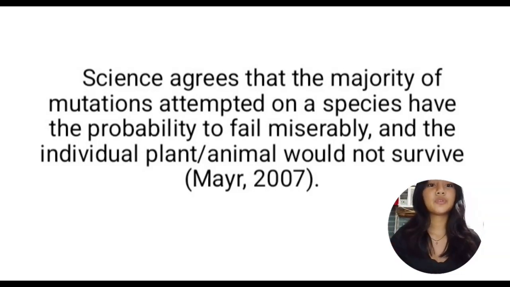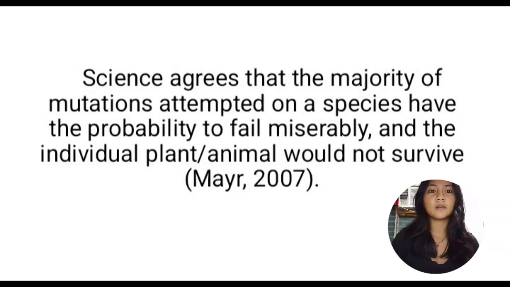So there were numerous GMOs produced all over the world. Yet science agrees that the majority of mutations attempted on a species have the probability of failing miserably, and the individual plant or animal would not survive.